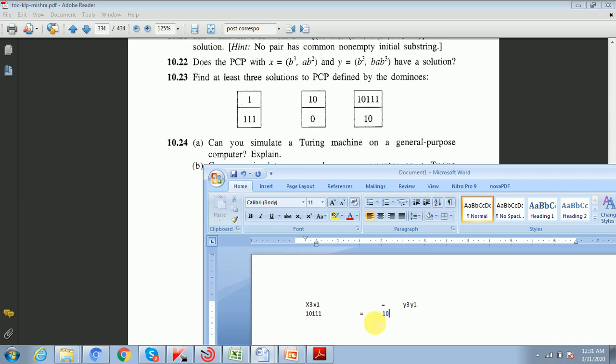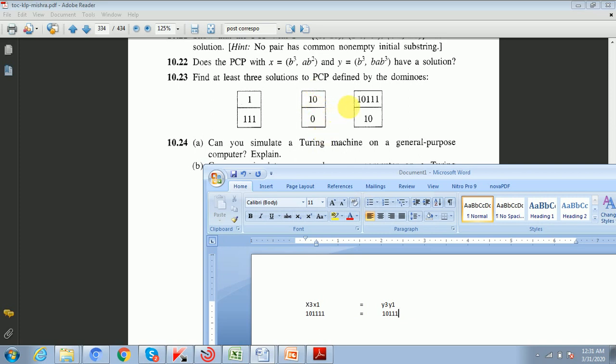So once you have taken y1, what is x1? First of all 1. What is y1? First of all triple 1. Now if you observe LHS and RHS, the LHS side has 4 ones at the rightmost side and the RHS side has 3 ones at the rightmost side. Now if you take x2, it will never be a solution.